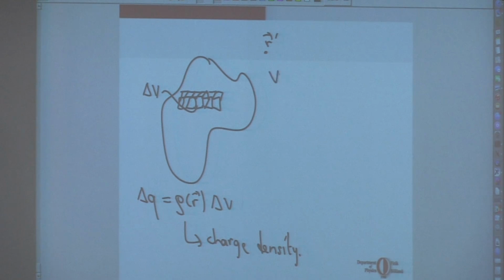The potential at R prime will be equal to, well, I have some volume at the point R. Its charge is given by this. So it is 1 over 4 pi epsilon 0 rho of R d cubed V. Okay, now this is an example of a bad notation. This is the potential, electric potential.